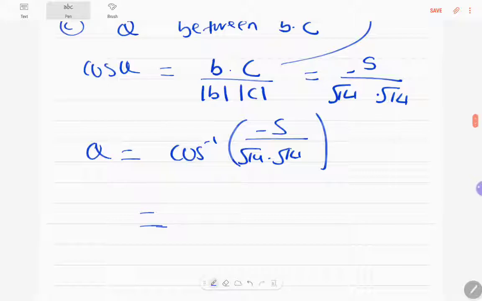Using shift cos, minus 5 over root 14 by root 14. Then our angle is 110.92 degrees. We now have our angle.